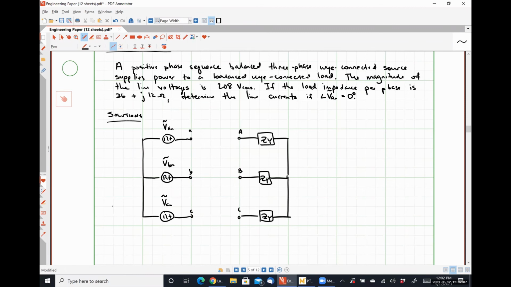Transmission lines are literally the only way that we could connect a Y source to a Y load, or a three-phase source to any three-phase load. If the transmission line impedances are not given, we are going to assume that they are zero, so we effectively have a lossless system. So I can just connect these with a wire. Our ultimate goal in this problem is to determine our transmission line currents.